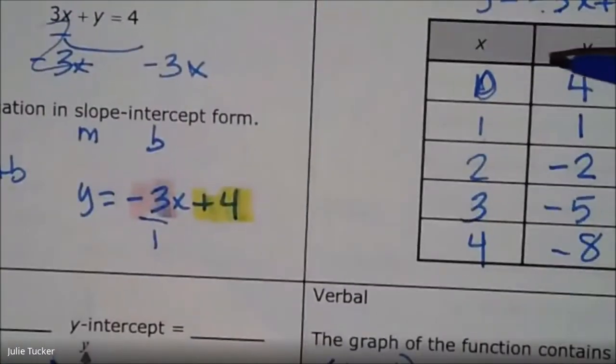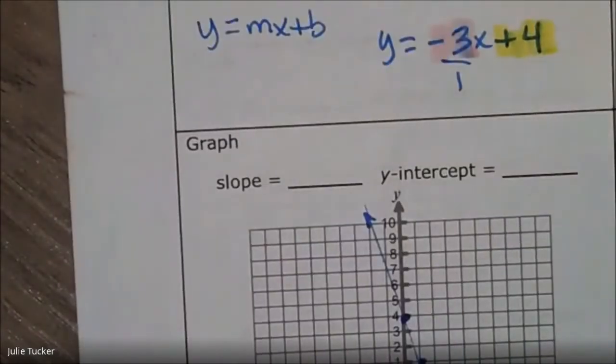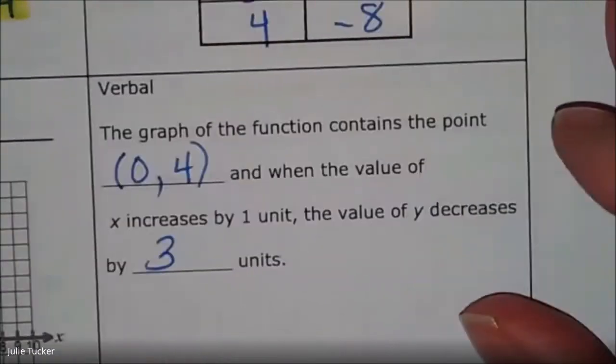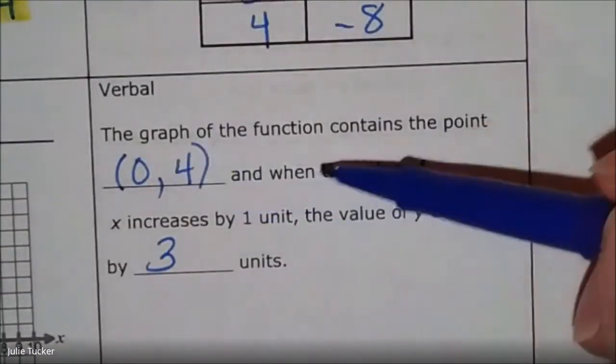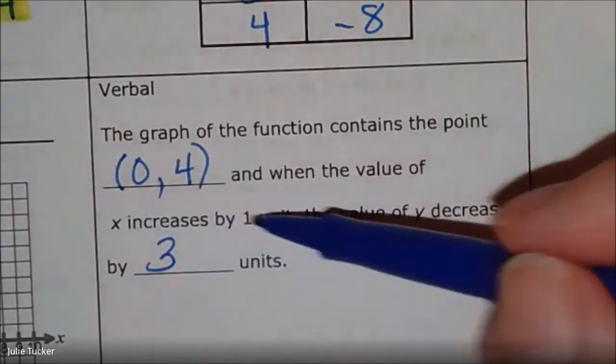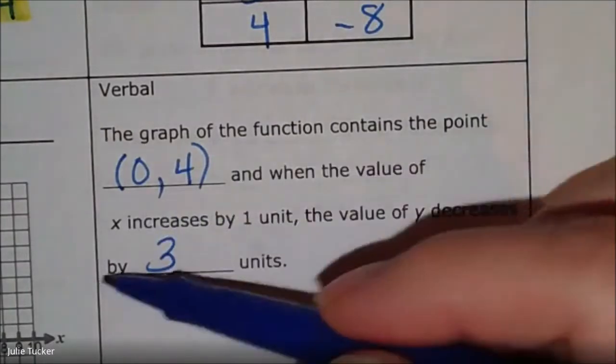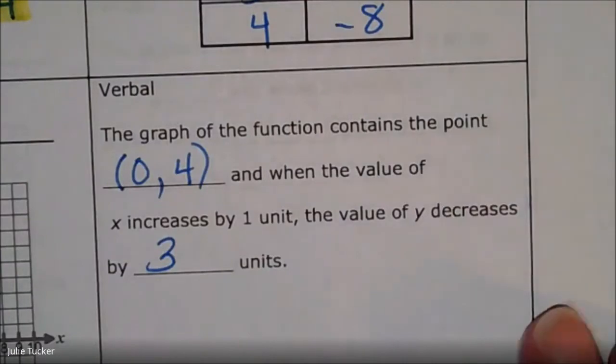When the x increases by 1, the y decreased by 3, right? It kept going down by 3 every time. Yeah. So decreased by 3. Oops, I lost track of it. There it is. So it starts at 0, 4, and when the value of x increases by 1, the value of y decreases by 3. Okay.